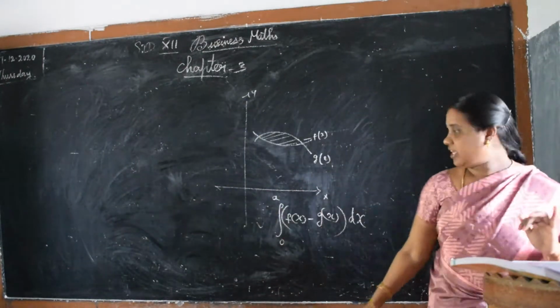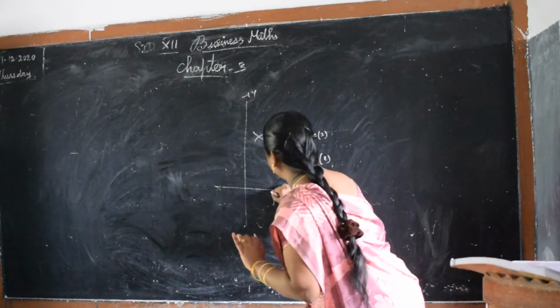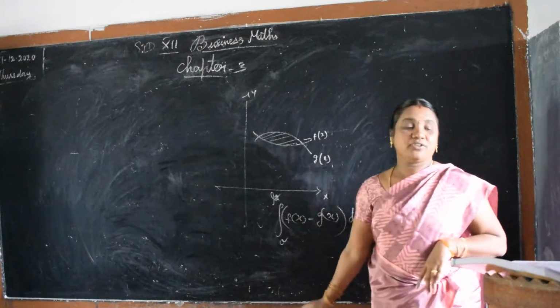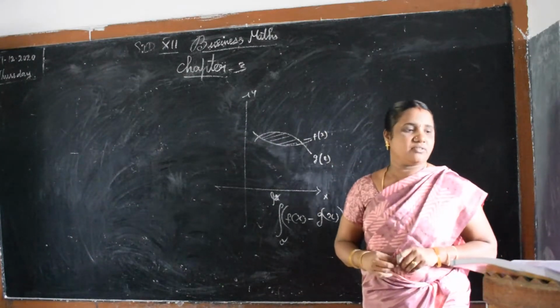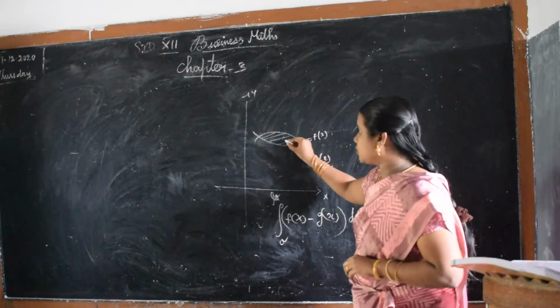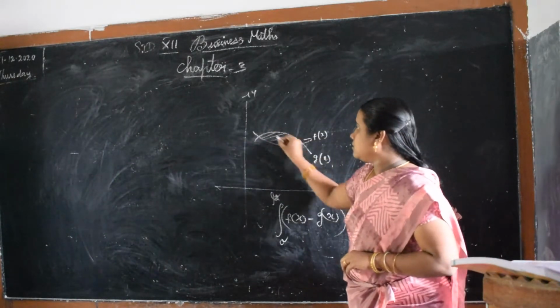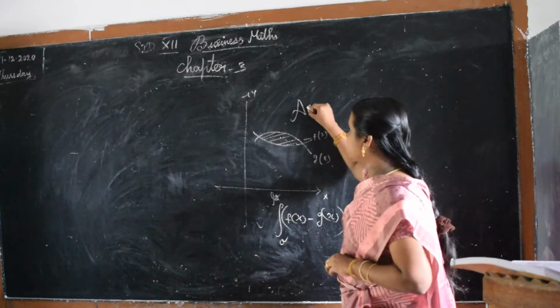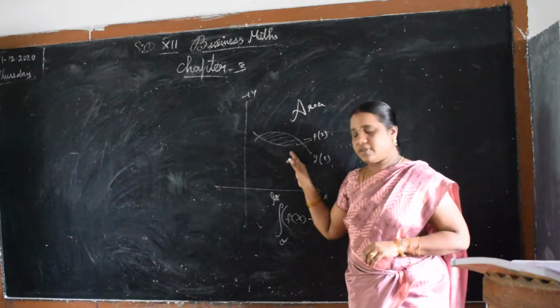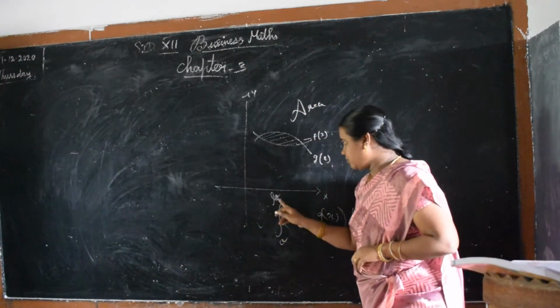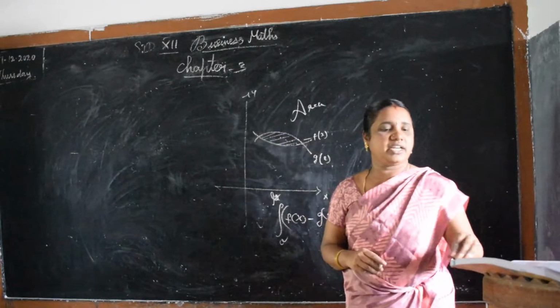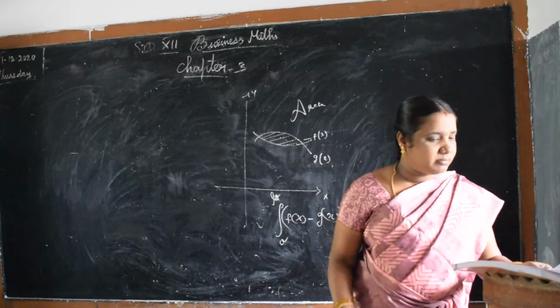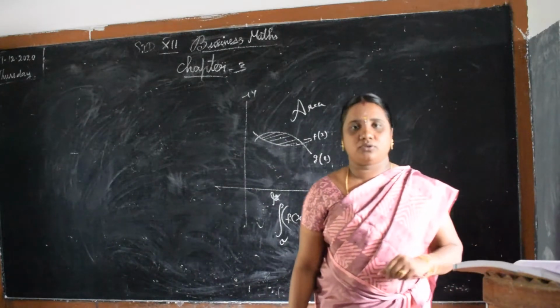This is the formula to find the area between two curves. What is the area occupied by these two curves? We can find it using the integral a to b of f of x minus g of x into dx. Have you understood, children?